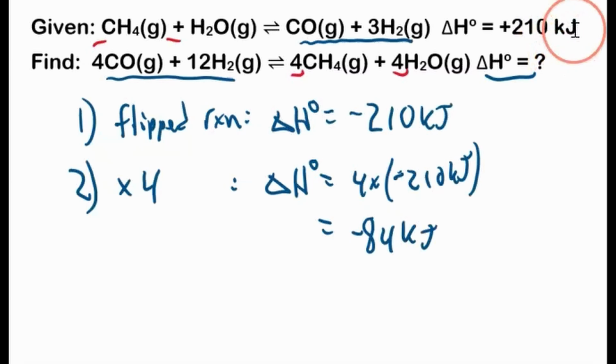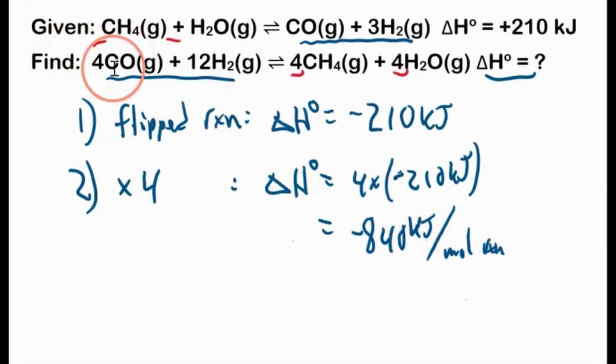Technically, this is kilojoules per mole of the reaction, so negative 840 kilojoules is released every time 4 moles of CO react with 12 moles of H2.